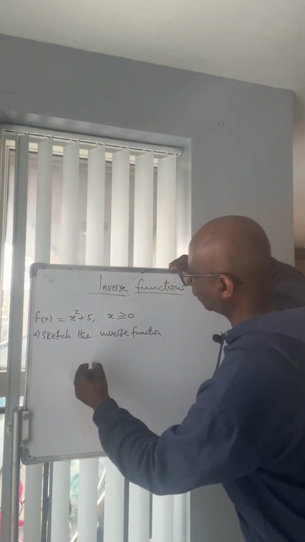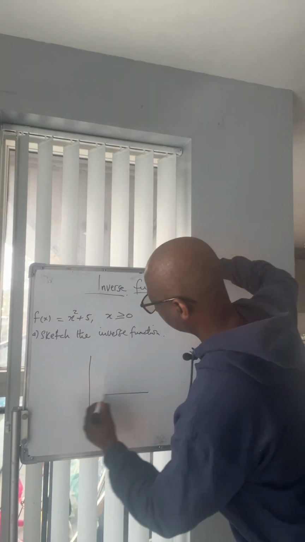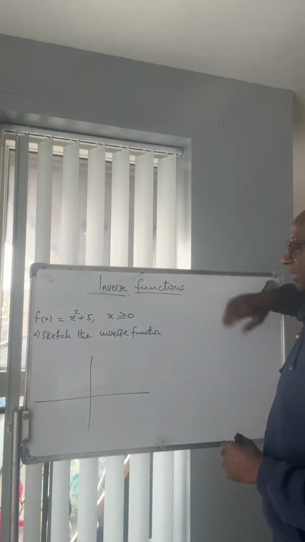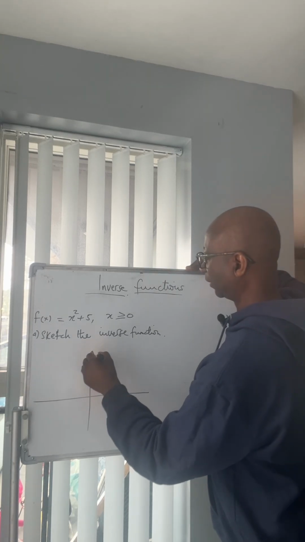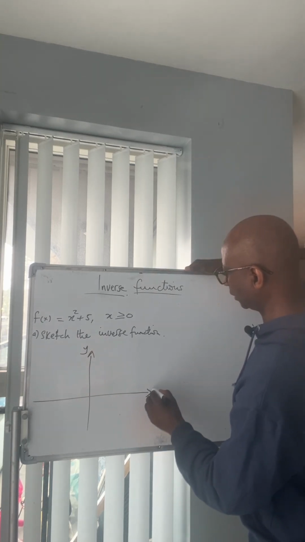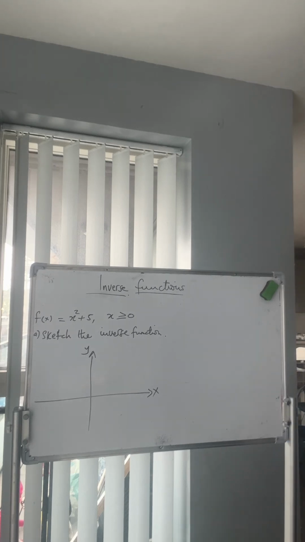So, if you have this Cartesian coordinate system, you have here your y, and this is your x coordinate.